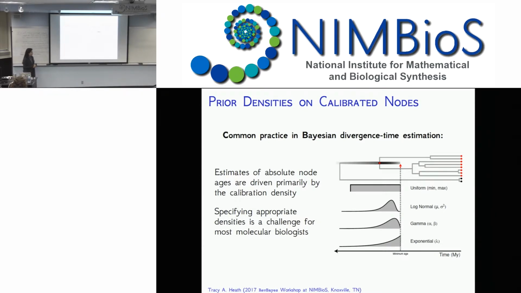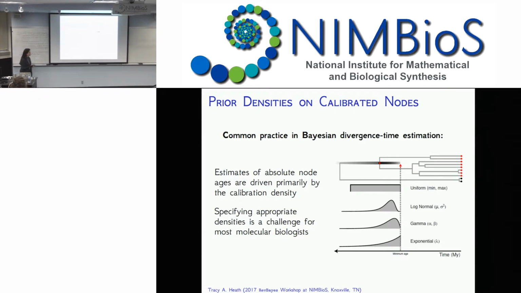That also comes to an issue in a lot of the other software for applying calibration densities. In BEAST and MrBayes, we've already talked about this, we already have a prior on this node, and that comes from the birth-death process. The birth-death process specified as our tree prior gives us a prior on that node.